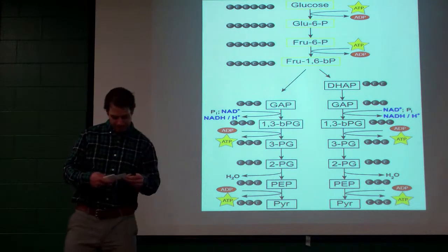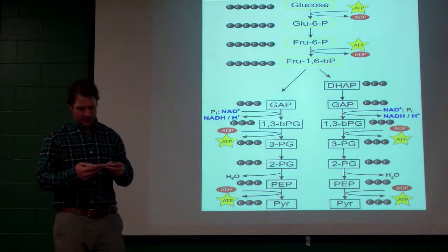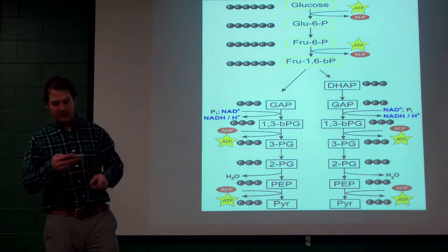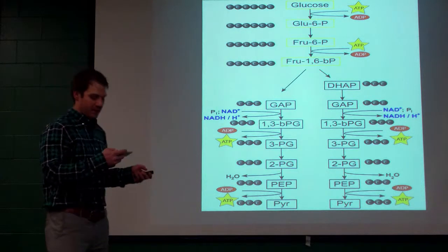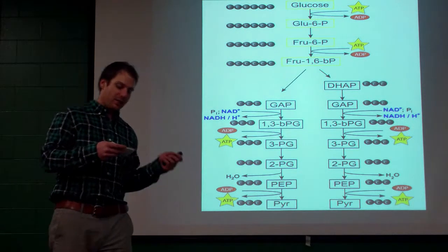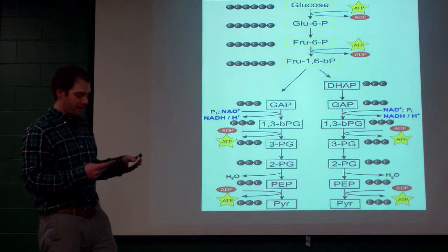Glycolysis generates energy from glucose. It's a series of 10 enzymatically controlled reactions that creates, at the end, 2 molecules of pyruvate.